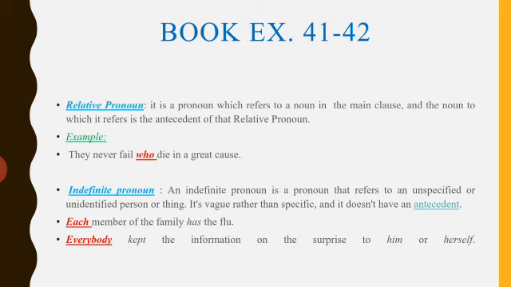Who is the relative pronoun, and they is actually the antecedent of who, because who is referring to they. So that is what the antecedent is. An antecedent is a noun or a pronoun in the main clause, and then the relative pronoun refers to that noun or the pronoun.